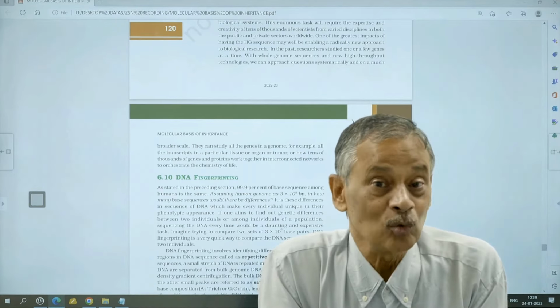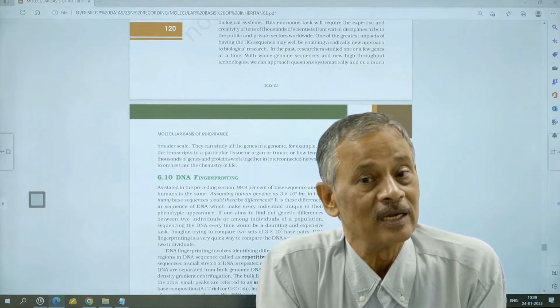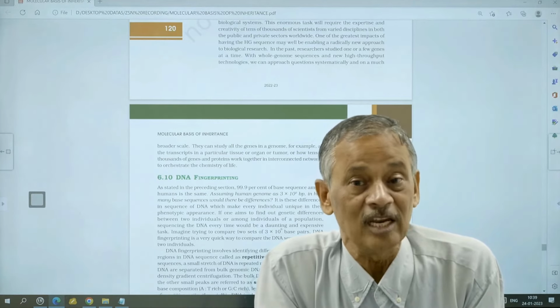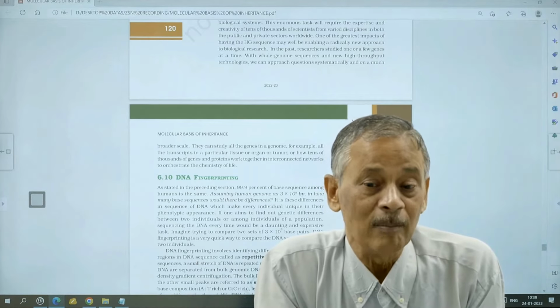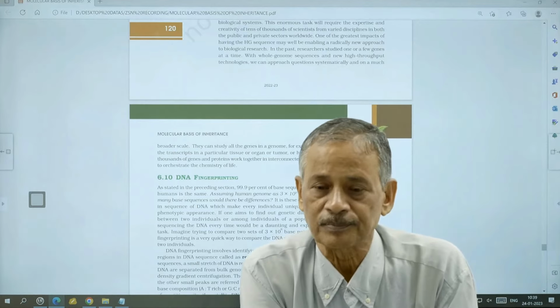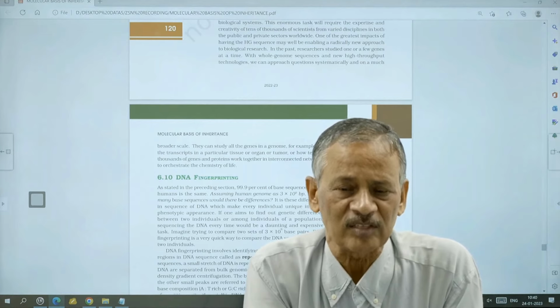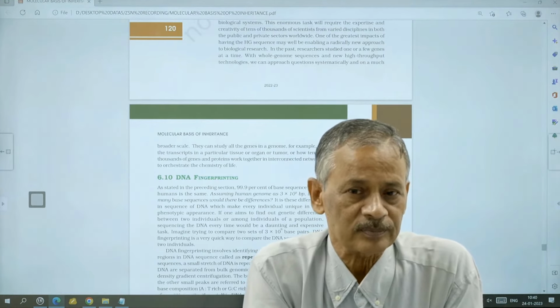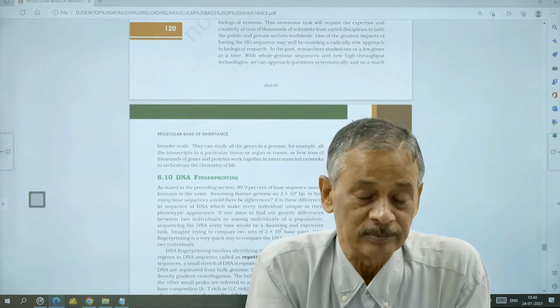And only 2% of the DNA codes for characters, that is, 98% is non-coding. That part is mainly made up of tandem repeats, the same repeating sequences that come thousands and thousands of times. They are not coding for any protein.